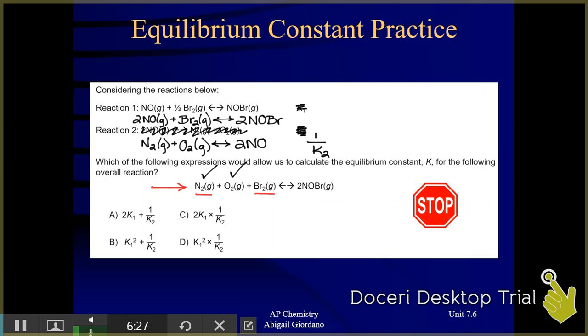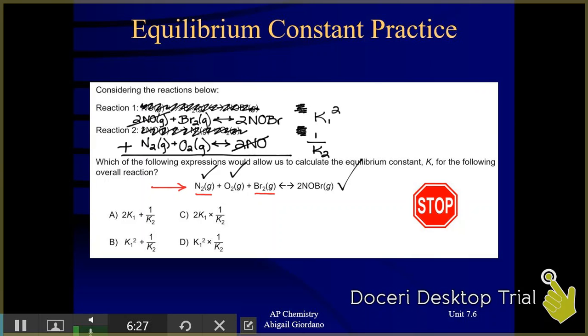It's not K1 anymore. Since I multiplied by 2, it's now squared. I'm going to scribble through this equation since I don't need it anymore. Let's make sure that when I add these two equations together, I end up with what I'm supposed to. I can see that's going to cancel with that, and that leaves me with the equation I was supposed to. Cool, so I know I manipulated my equations correctly.